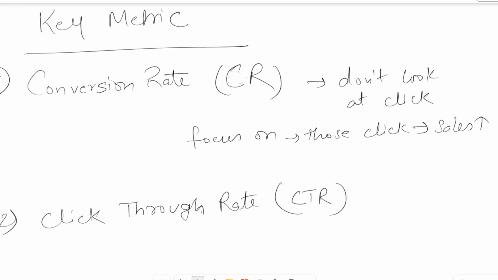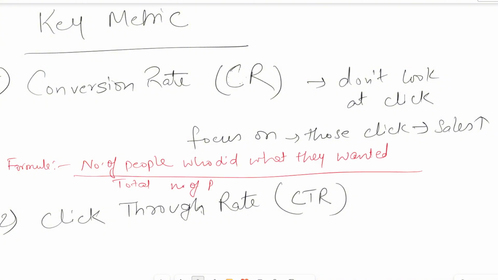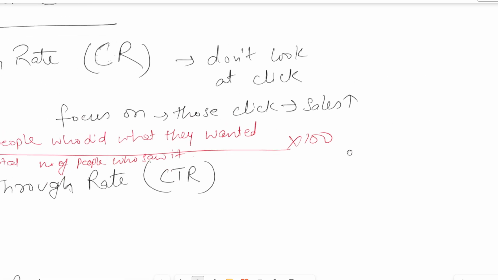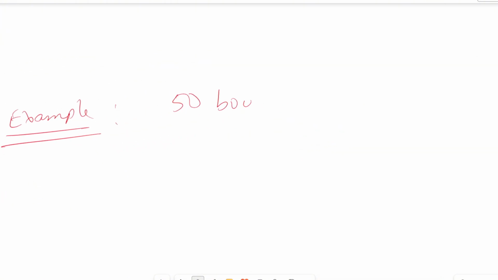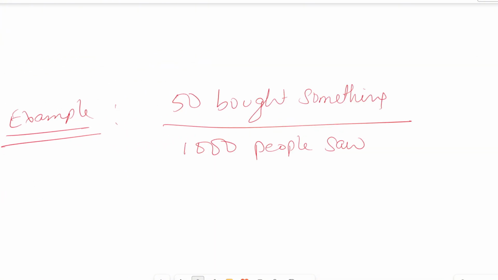So how to calculate conversion rate? Number of people who did what you wanted divided by total number of people who saw it, times 100. Suppose we have 1,000 people who saw version A, 50 bought something, so our conversion rate will be 5%.